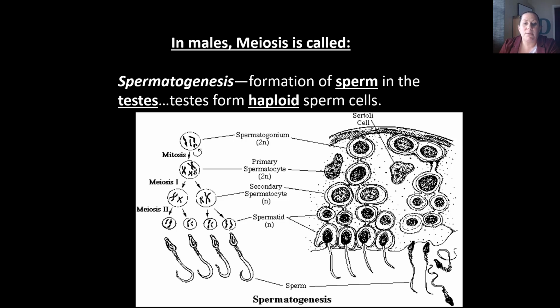The cell started with 4 at the top, and each sperm cell has 2 chromosomes. In humans, they would start with 46, and each sperm would then have 23. You'll also notice that it creates 4 sperm by the end. This is known as spermatogenesis.